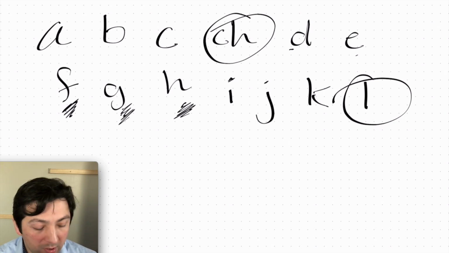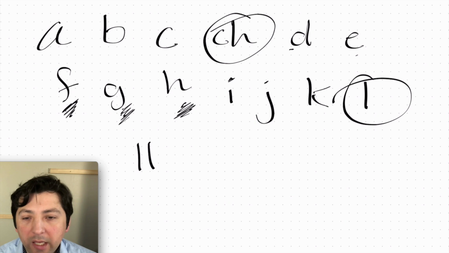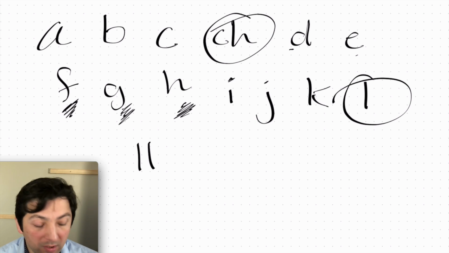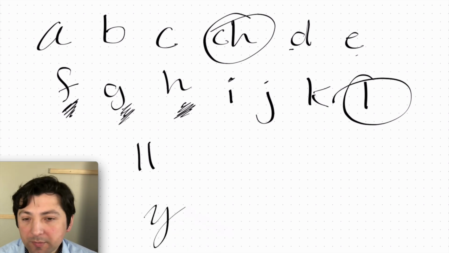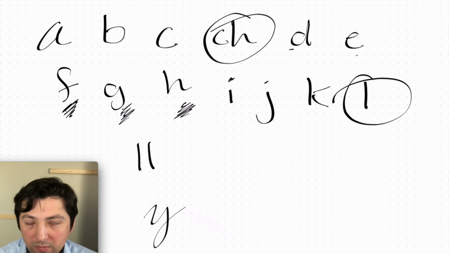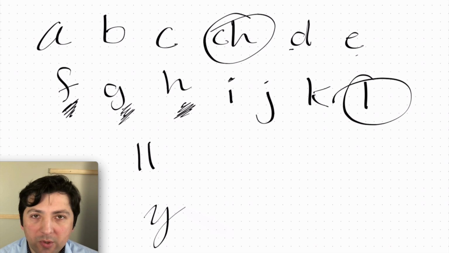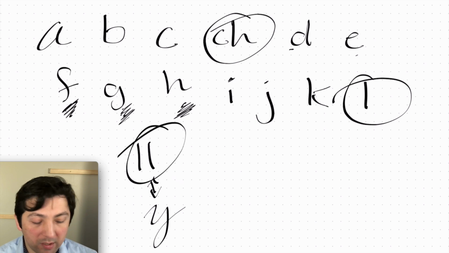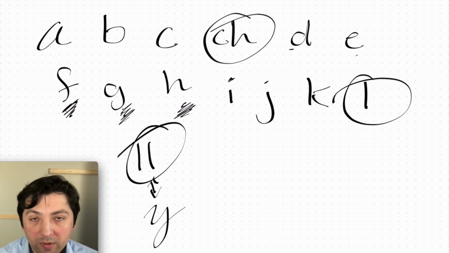So, L. After this, we would have ella. Now, some people might call it double L. It's not a double L, it's ella, right? The sound has nothing to do with an L. If anything, it sounds more like a Y. In most Spanish dialects, most Spanish speakers will pronounce it just like a Y. There's only a few people in Asturias in Spain and in Paraguay who actually make a differentiation between these two sounds by producing the old sound, the original sound.